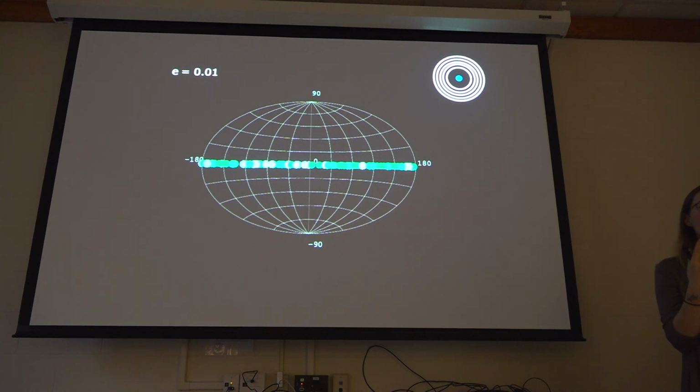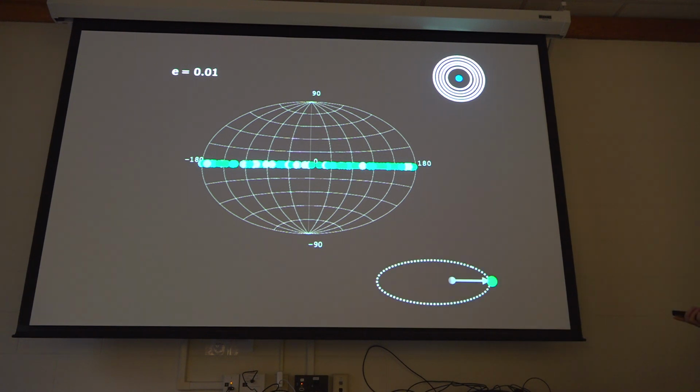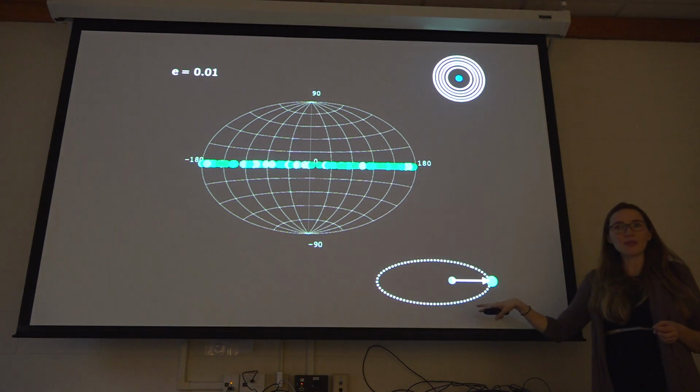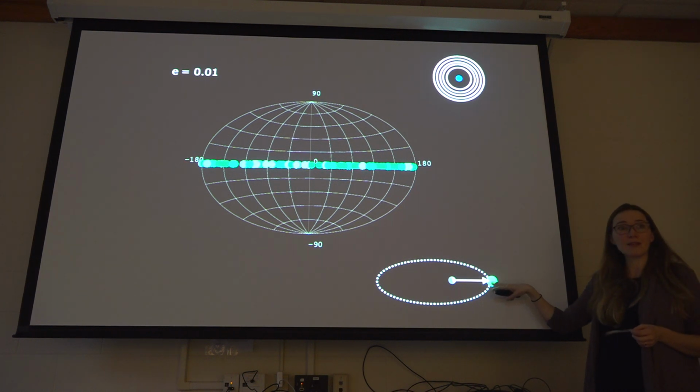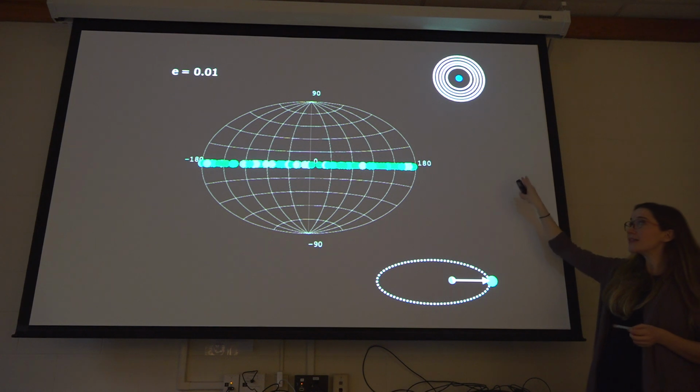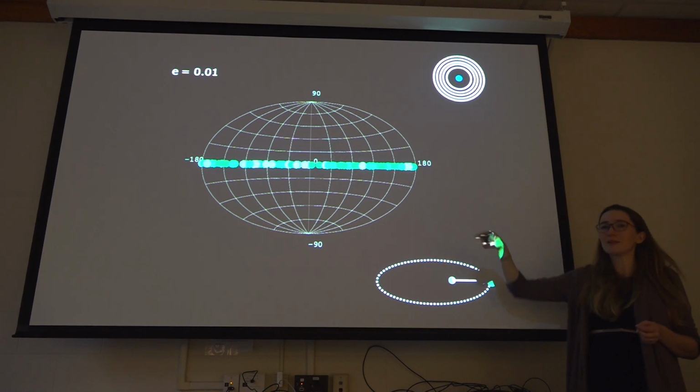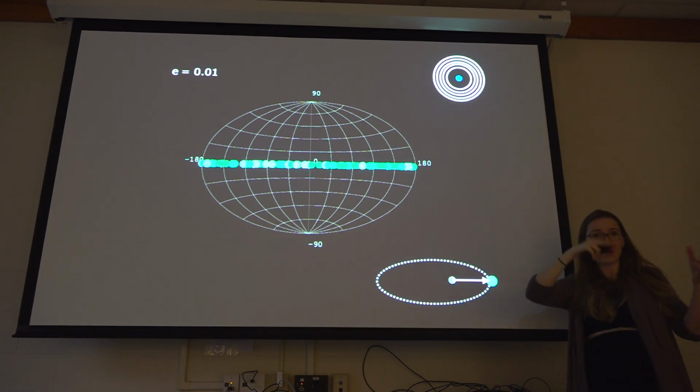This is their perihelion position, or where their eccentricity vector points to. If we're looking top down onto an orbit, this is Keynote, so this isn't actually an ellipse, which always annoys me, but what can we do? This is the point that I'm plotting in this projection. I've started everything off on a disk, which is why you see all of these points in a line, kind of like in a mid-plane.